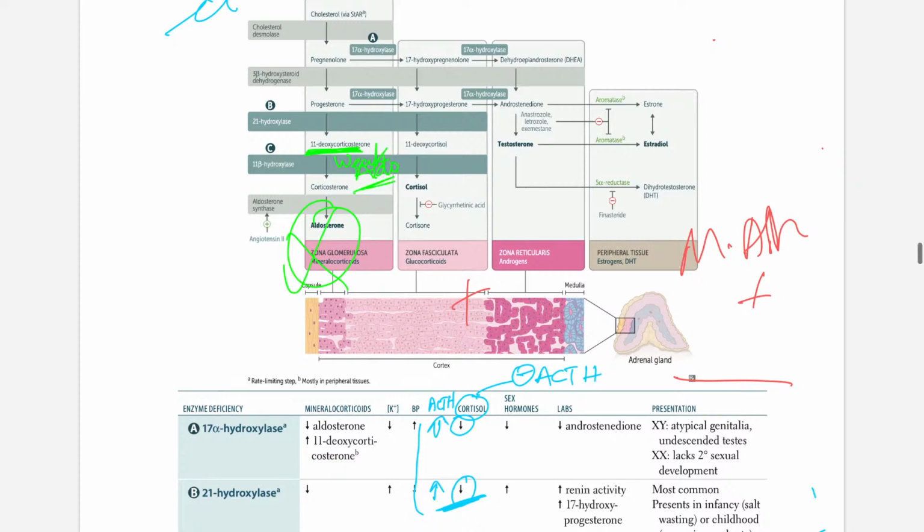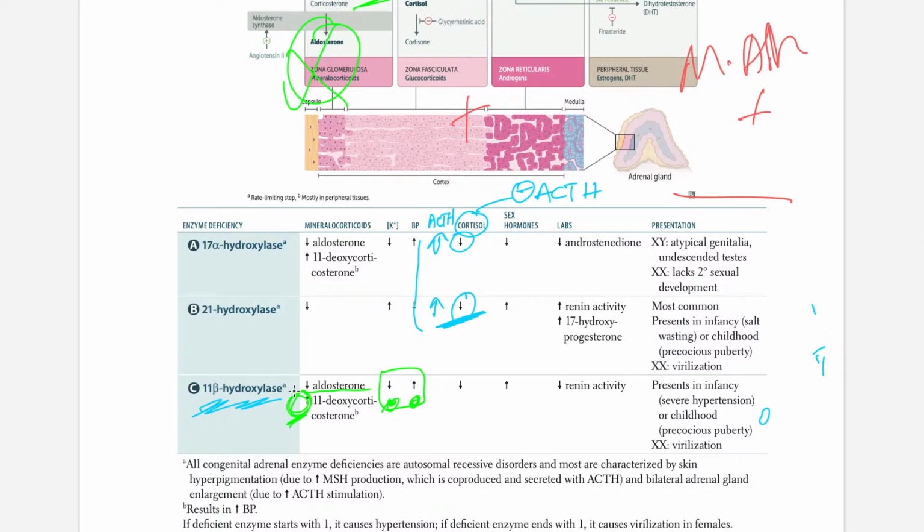Because you have so much increased level of this 11-deoxycorticosterone, which has a weak aldo activity, although you have low aldosterone, it's going to cause as if you have increased aldosterone, which is throwing out that potassium, reabsorbing that sodium, causing increase in blood pressure.